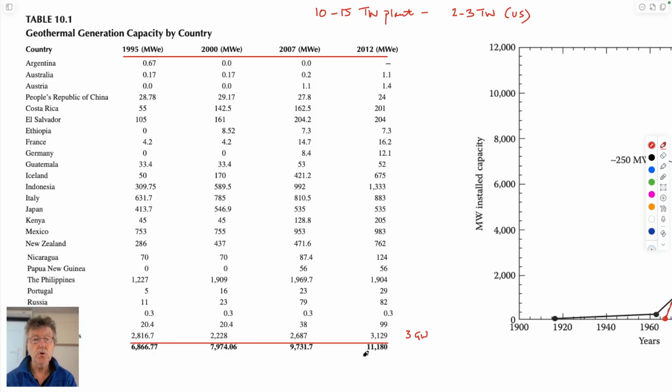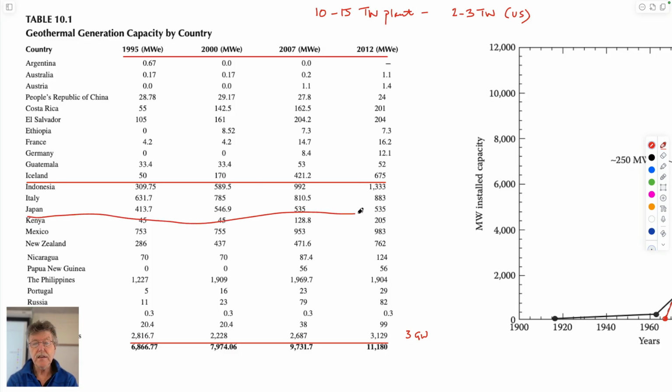So still a niche source, but places that are notable that we've seen before: 600 megawatts in Iceland for a population which I think is only 500,000 in Iceland, very small country. Japan would stand out as being a place with a great need for geothermal energy because they have no natural fossil resources.